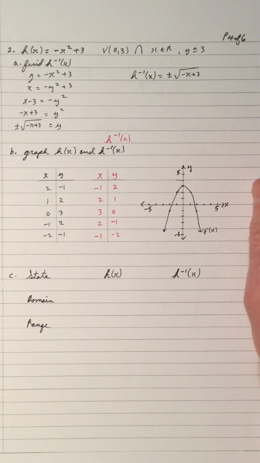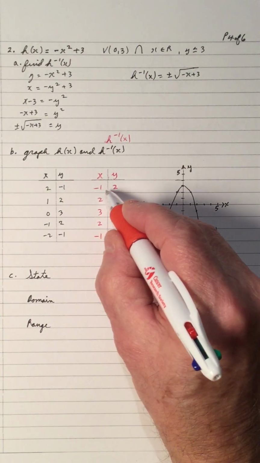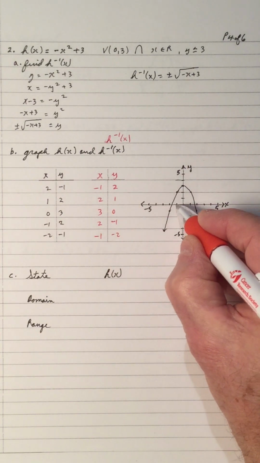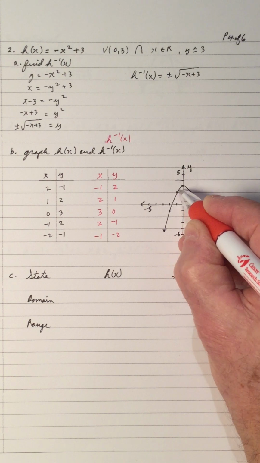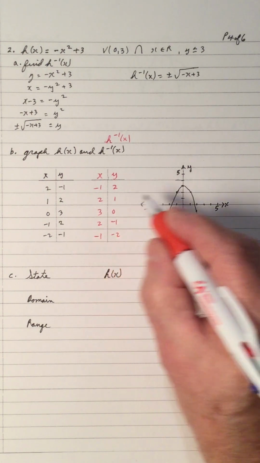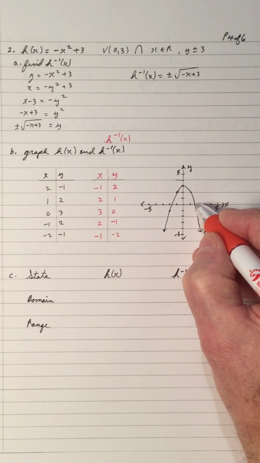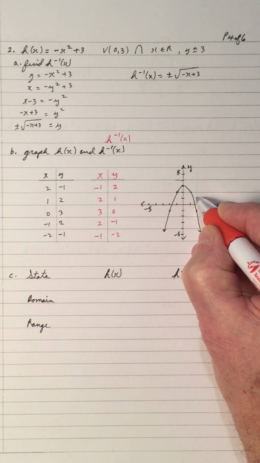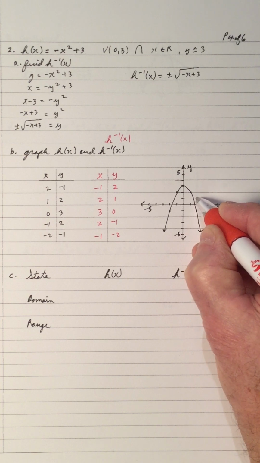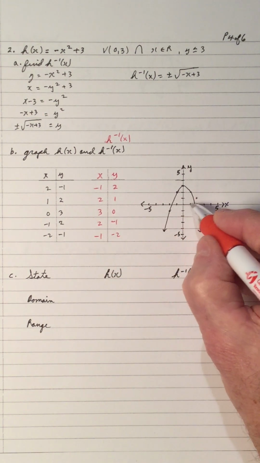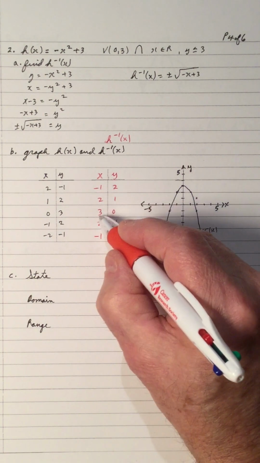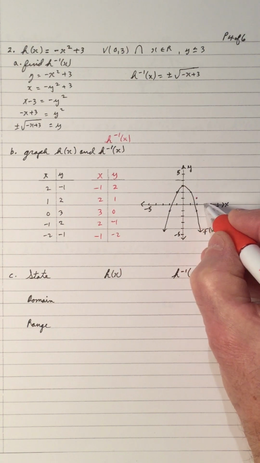So the inverse, let's go with -1, 2. X is -1, y is 2. X is 2, y is 1. X is 0, y is 3. Sorry, x is 3, y is 0.